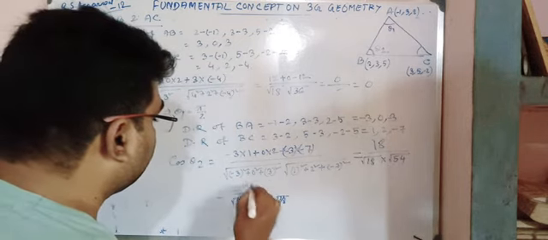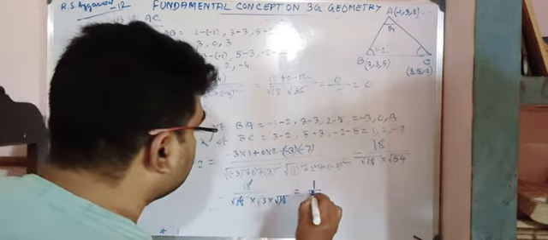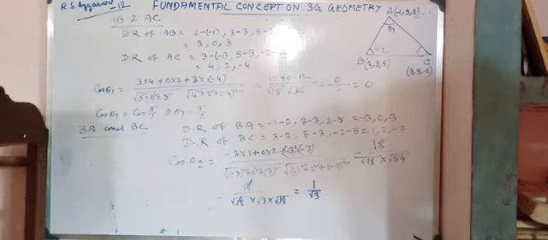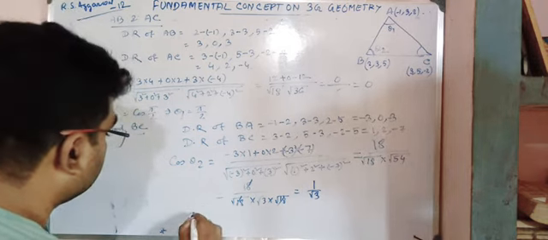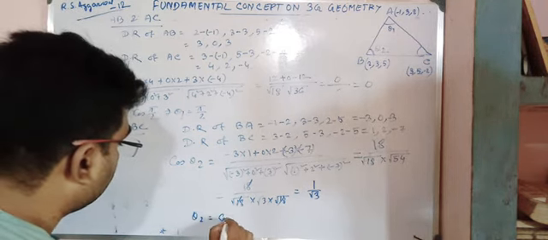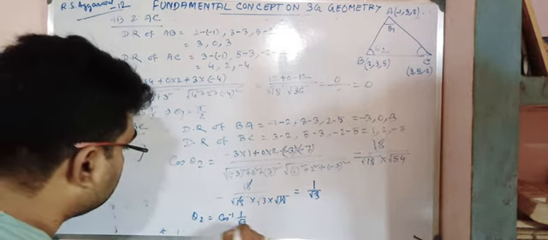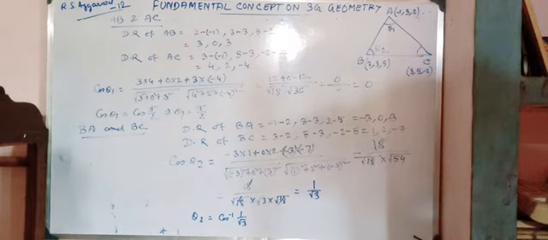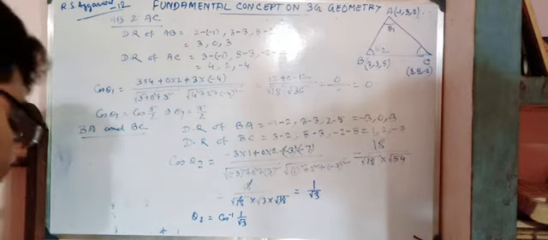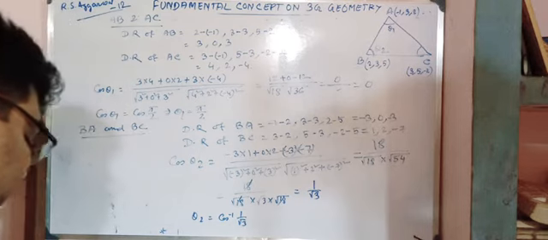So we will cancel that out. So 1 by how much? 1 by root 3. So theta 2 will be cos inverse 1 by root 3. Okay.